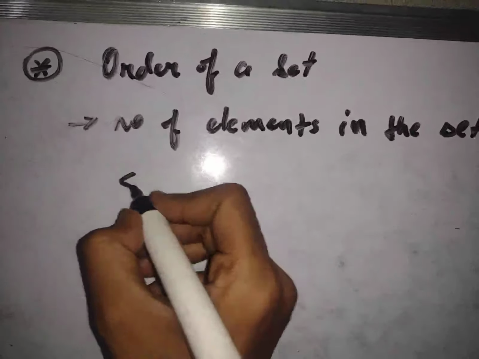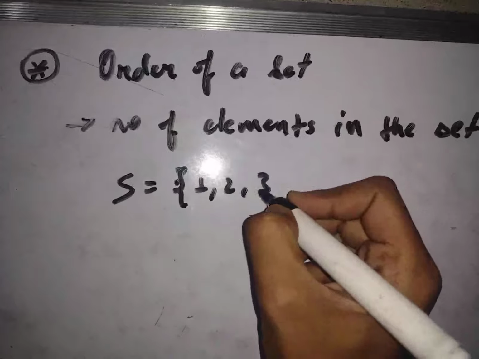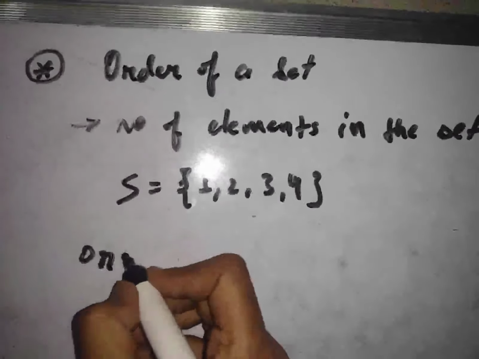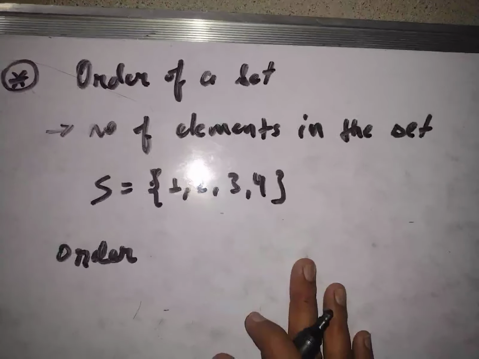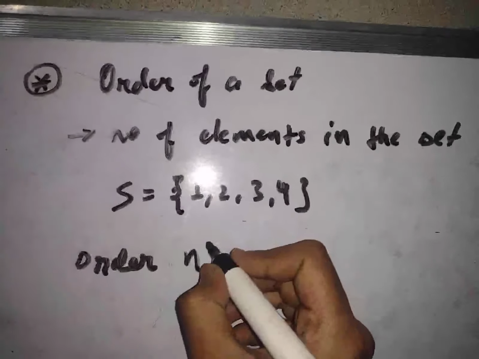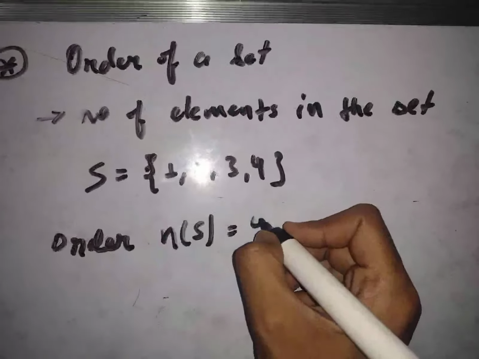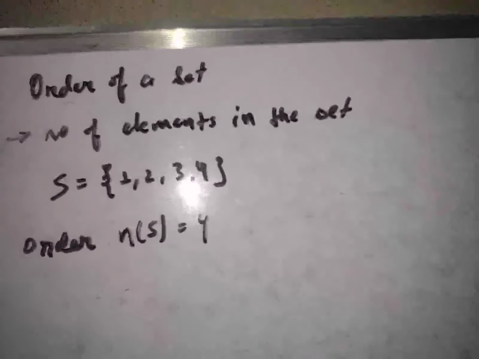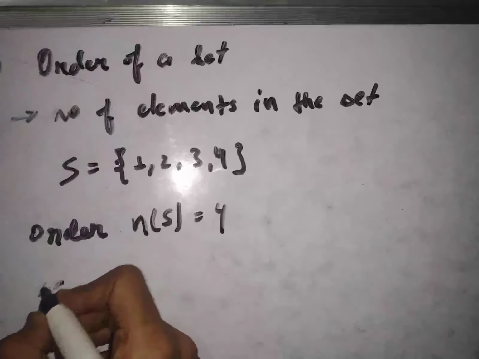So if S is a set defined as {1, 2, 3, 4}, then the order is represented with the notation n(S). That's the order of set S, and that is equal to 4, the number of elements. So order is the number of elements in the set. We can take one more example.